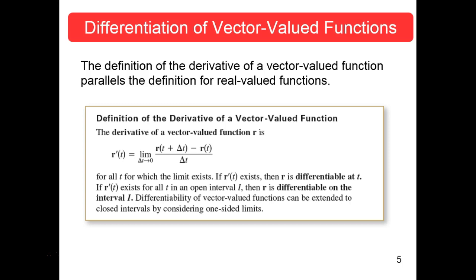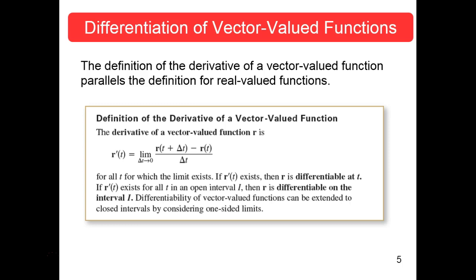And this R prime, the definition of the derivative of R, is the limit as delta t approaches 0 of R at t plus delta t, t's are scalar numbers, just a little bit beyond that, minus R of t, that's the difference of these two vectors, divided by the delta t. That's dr dt. The R prime here is with respect to t.